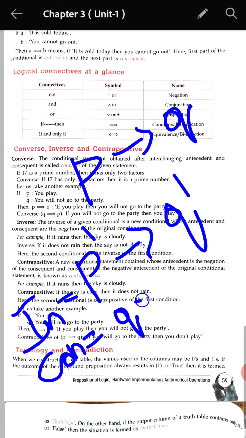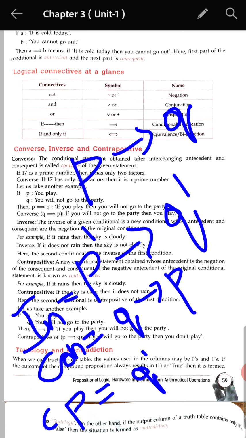Q implies P, position changed. And if I'm saying contrapositive, then two things together you have to do. You have to change the place as well as you have to inverse it, meaning Q dash implies P dash. Two things together. Now I think you are able to understand what we have to do.